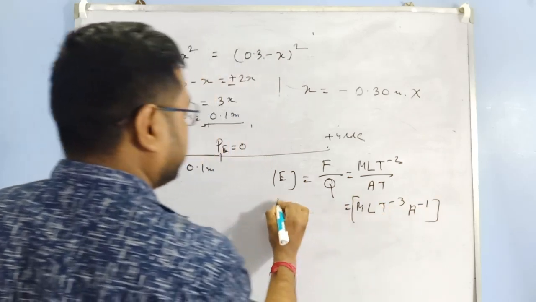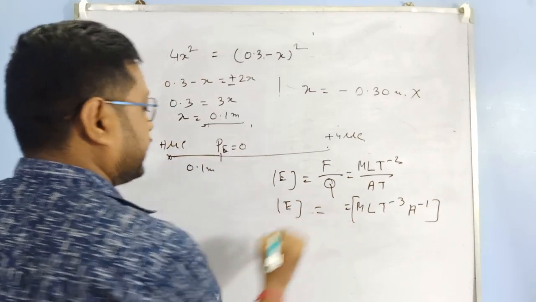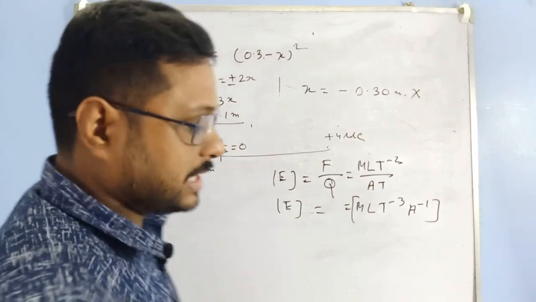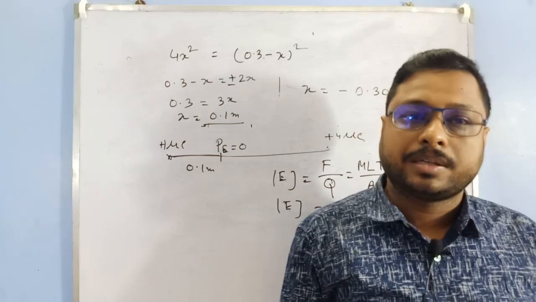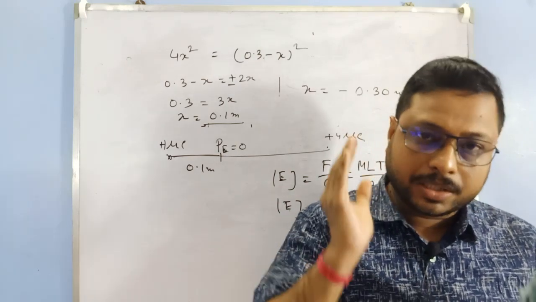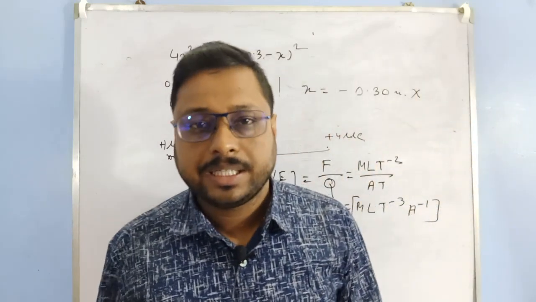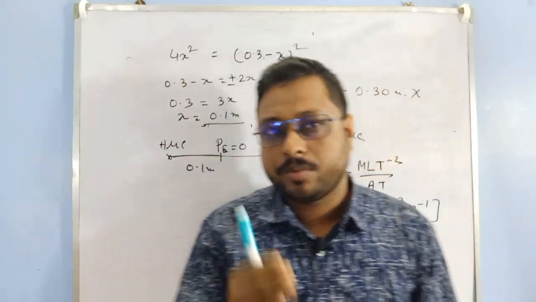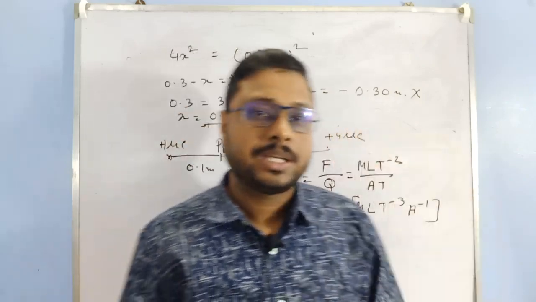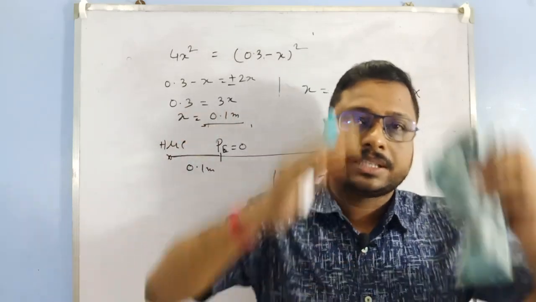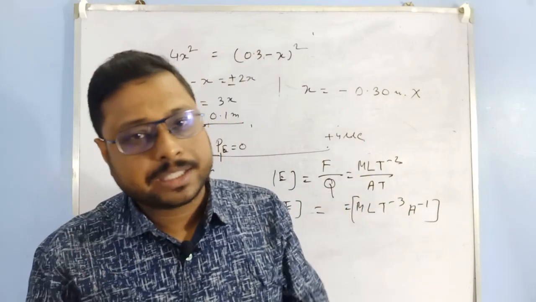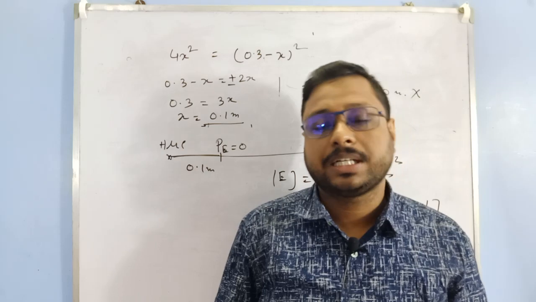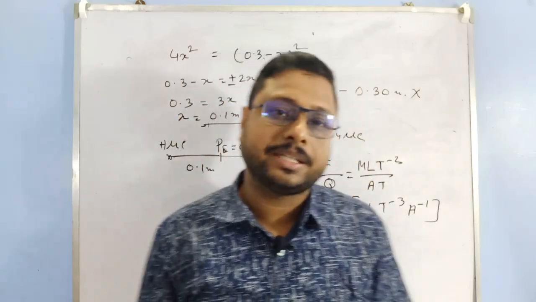Wherever we are asked at which place the electric field will be 0, we find the electric field for each charge and equate the two to find the distance. Next day we will go with a system of more than two charges, placed at the vertices of a triangle, square or rectangle, and find the resultant electric field.